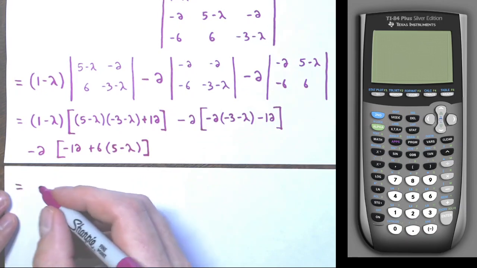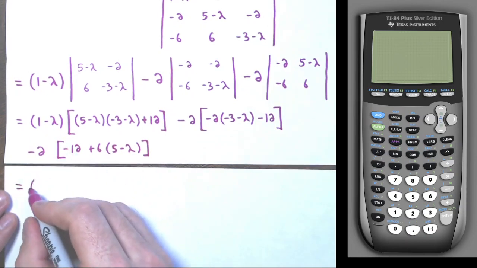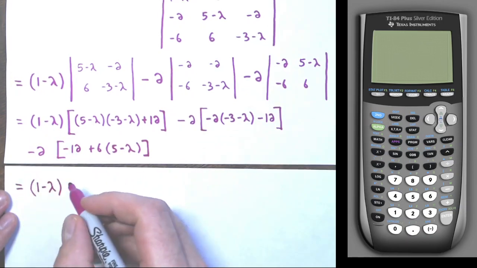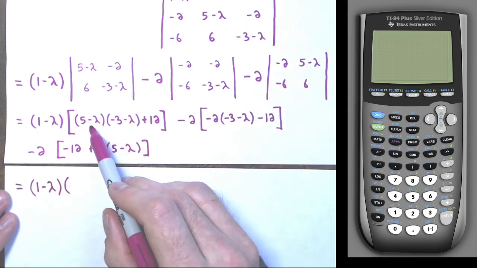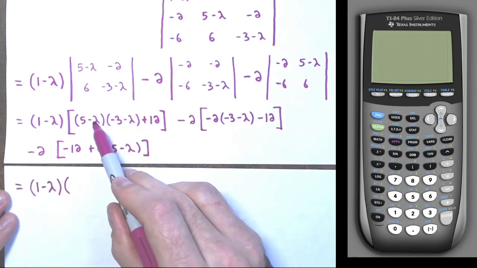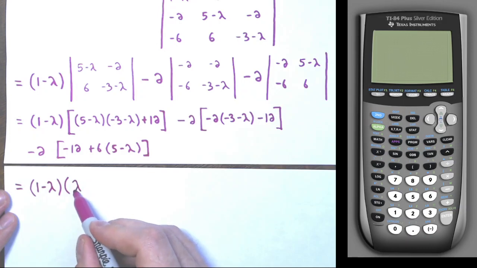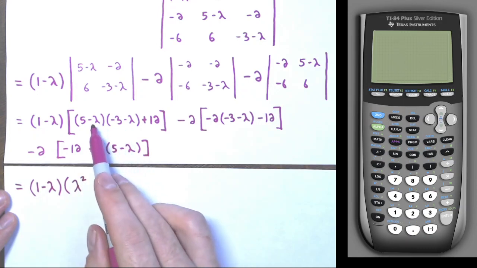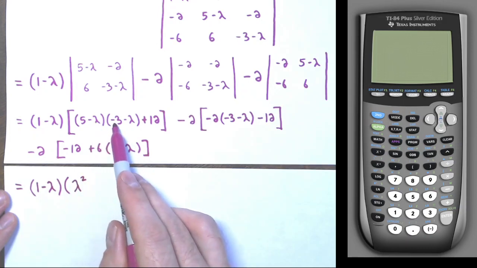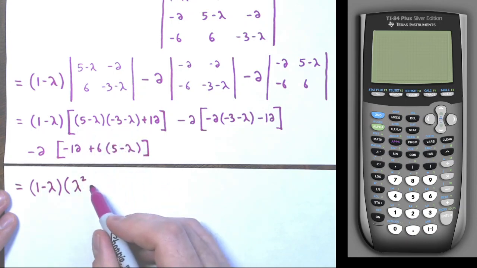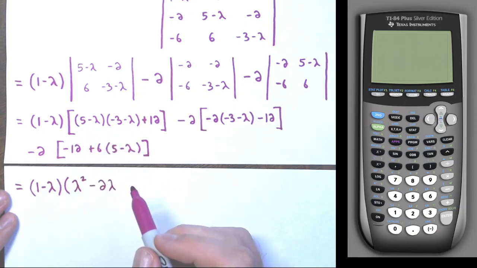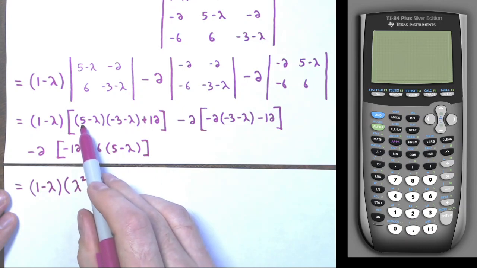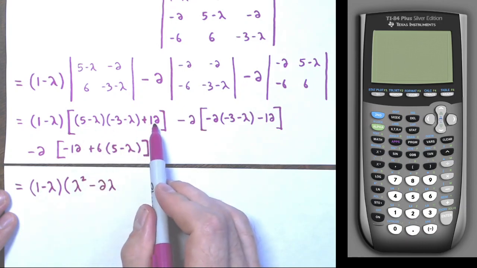So I have here, again, starting here, 1 minus lambda times, and multiplying this out, I get lambda squared, then plus 3 lambda minus 5 lambda, so that'd be minus 2 lambda. Then you have minus 15, but then the plus 12 at the edge of the bracket, right before you leave the bracket.